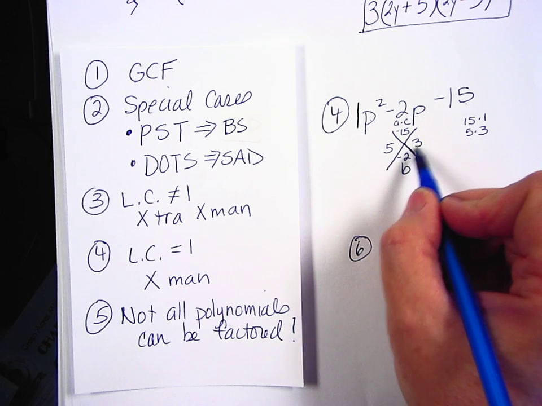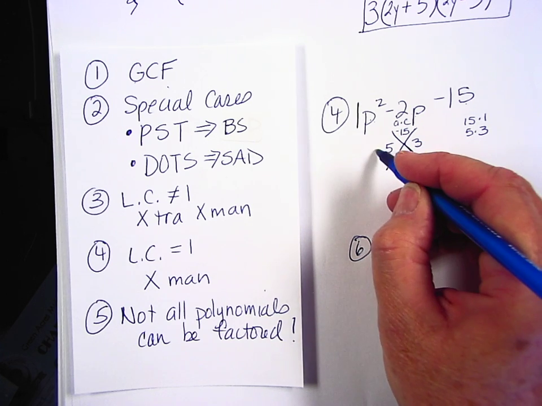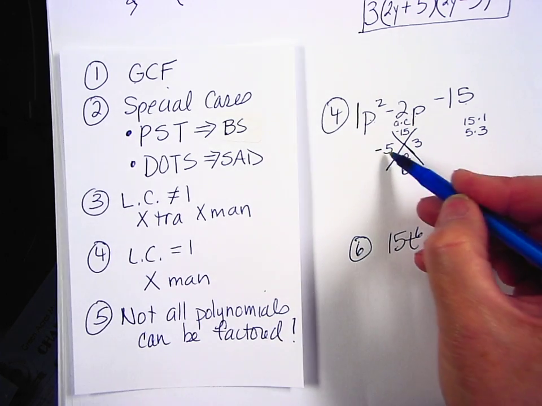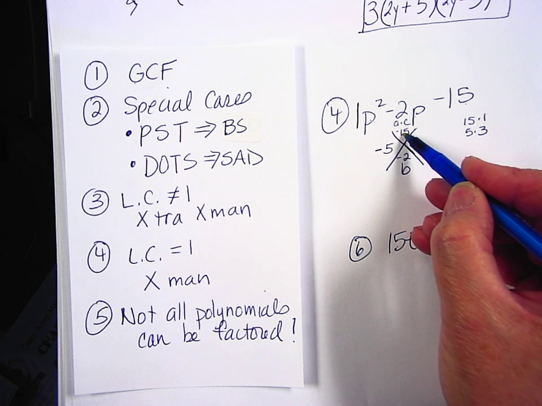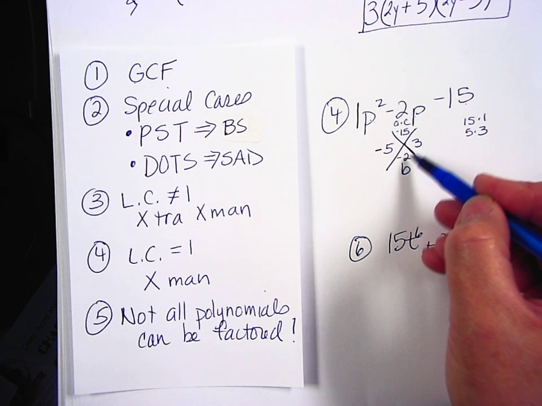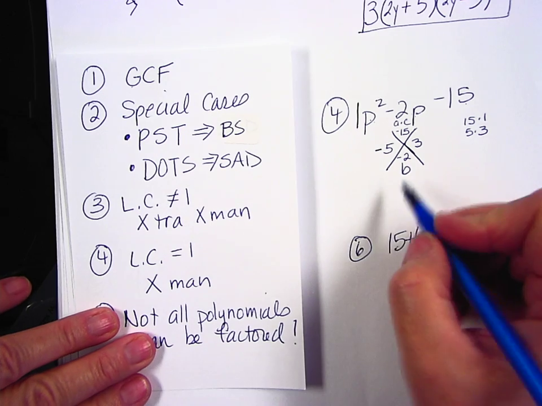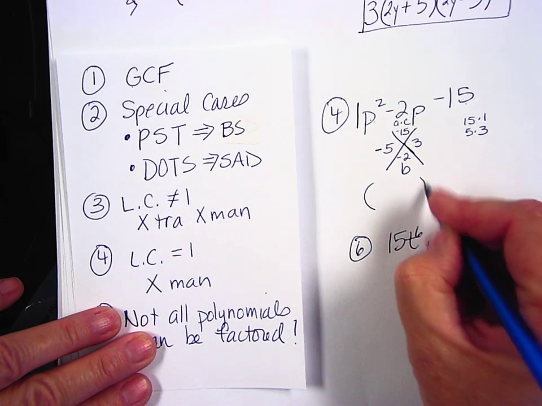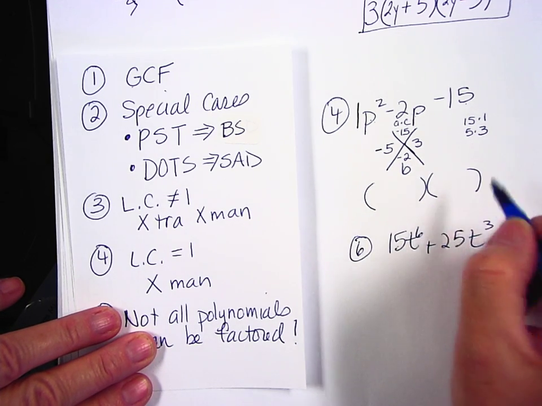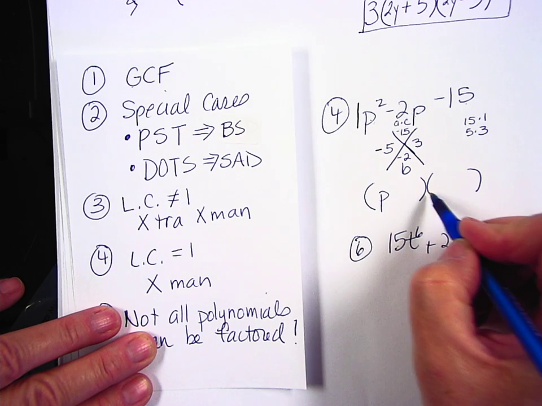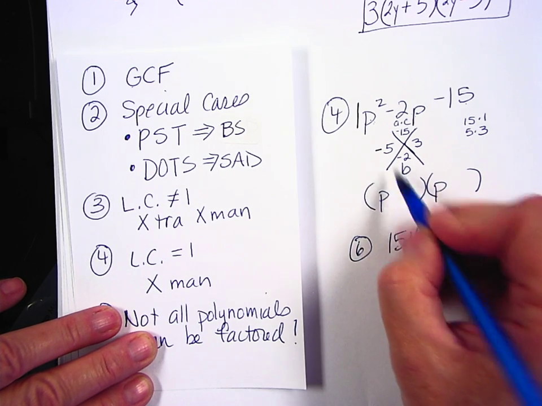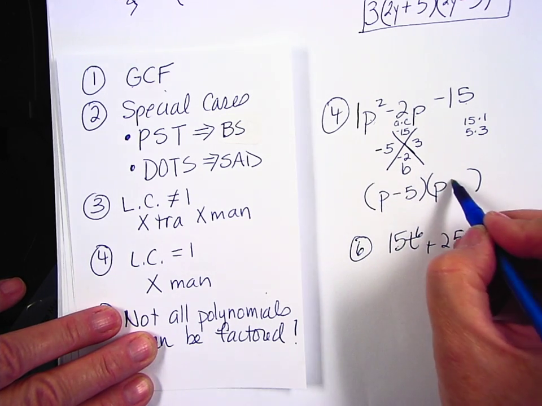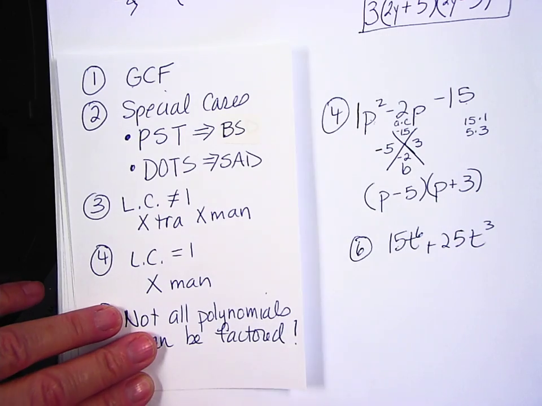And when I combine them, I'm going to have negatives left over. So I'm going to make my bigger number negative. Negative 5 times 3 is negative 15, and negative 5 plus 3 is negative 2. There's my two numbers. So this is what it's going to look like when I factor it. P here and here, negative 5 here, and positive 3 here. Bingo, we're done.